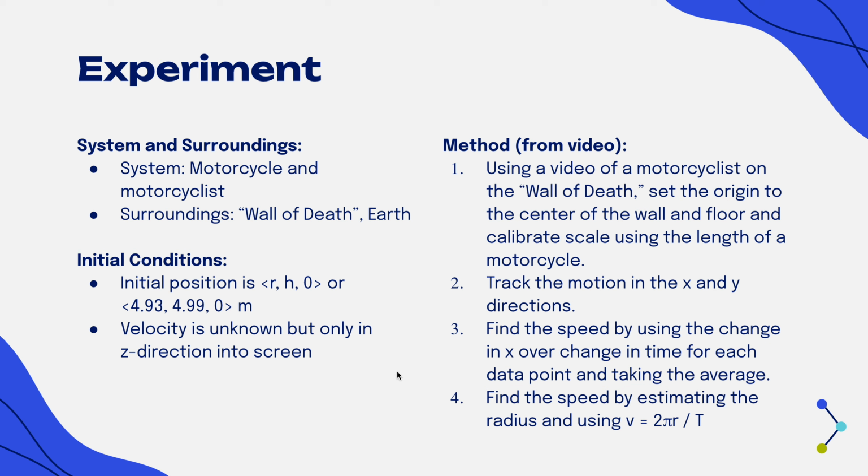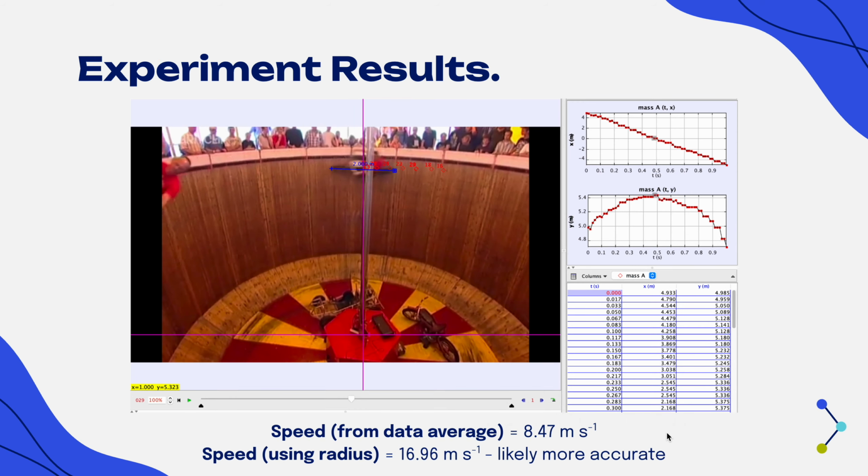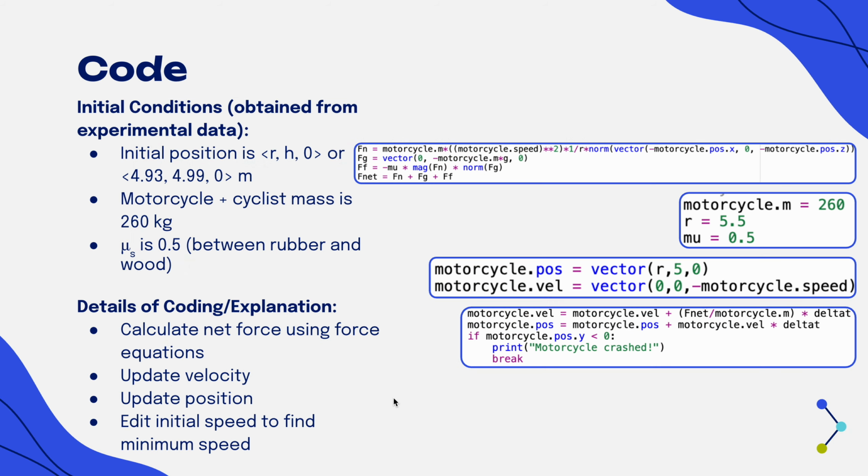But I also estimated the speed using the formula v equals 2 pi r over the period of rotation. From this video, the average speed from the data was around 8.47 meters per second, but using the radius, which is probably more accurate because it doesn't have limitations like frame rate or camera angle, the speed was around 17 meters per second.